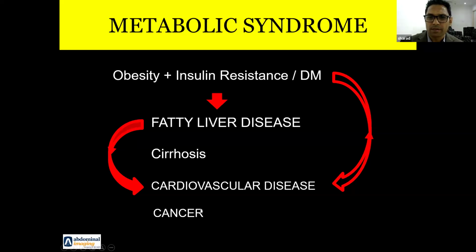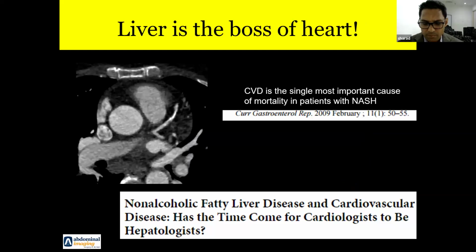So they are all interlinked. And interestingly, the most common cause of mortality in patients with fatty liver disease is cardiovascular disease. So it's time cardiologists have to think a little bit like hepatologists too.